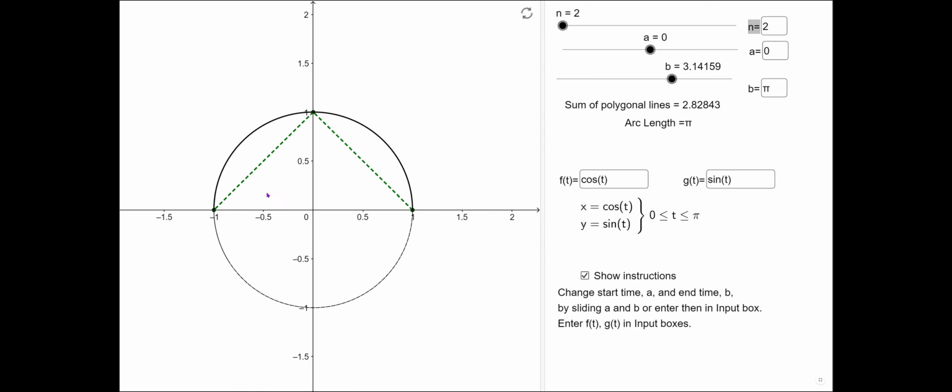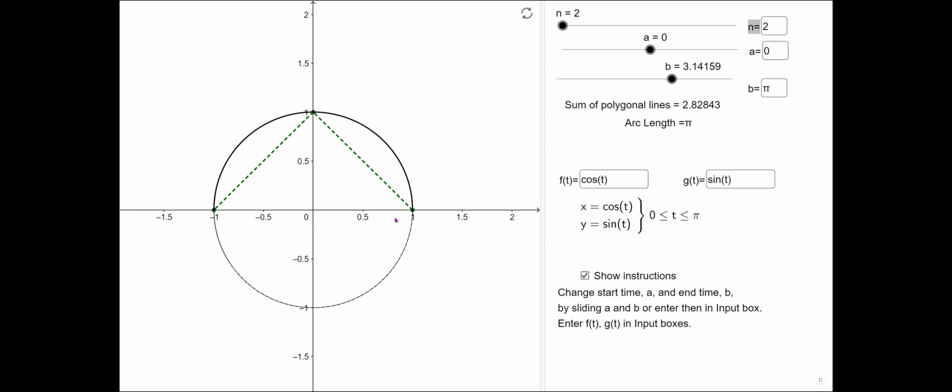So, for example, what you're doing by approximating is approximating your parametric curve by line segments. Here this is an approximation. These two green line segments are roughly the shape of this parametric curve.